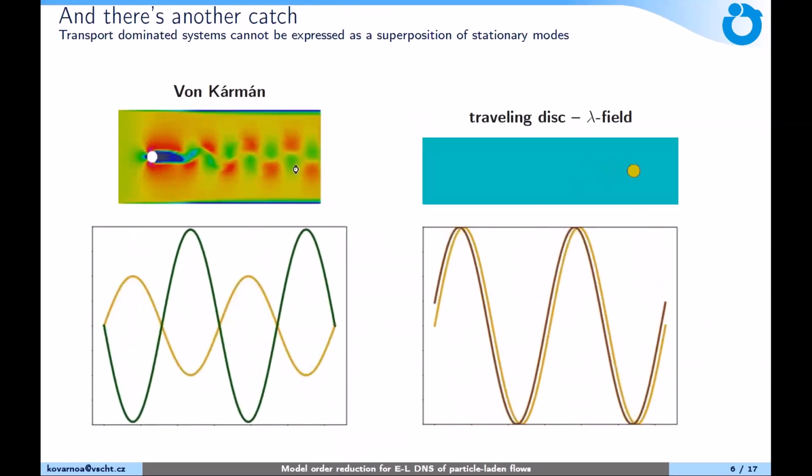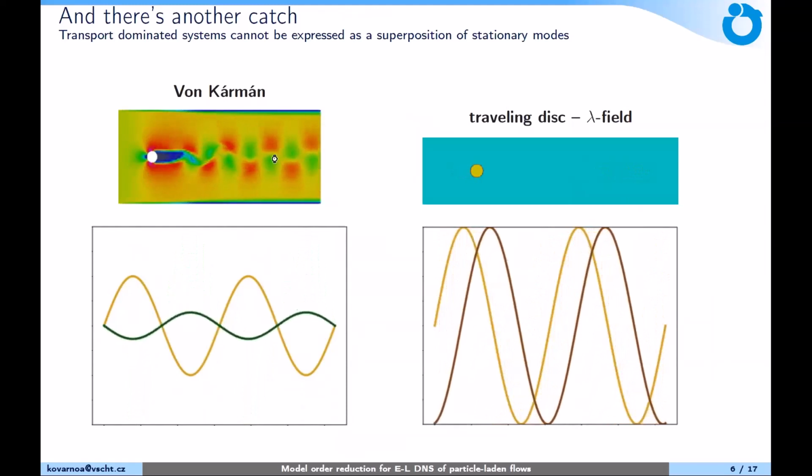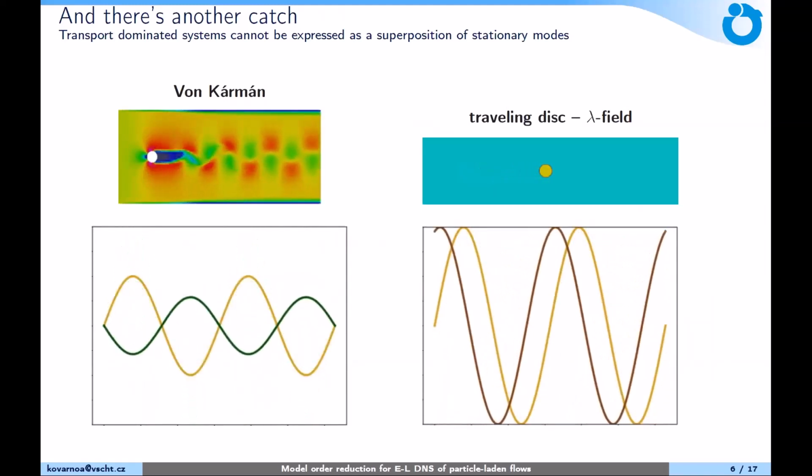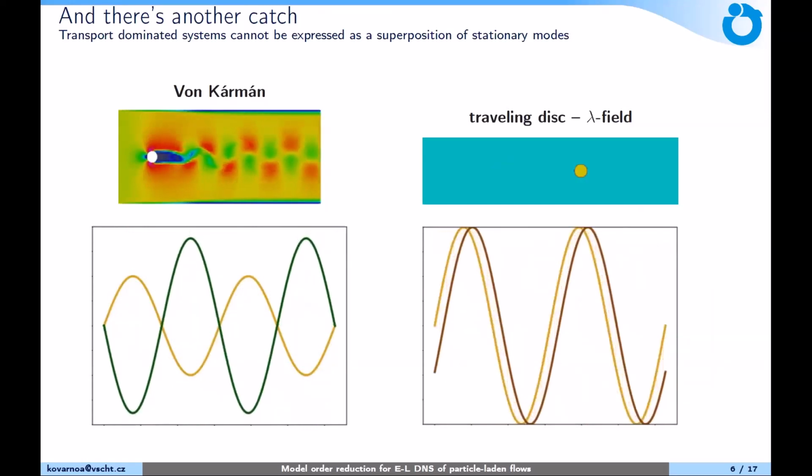The von Karman vortex street that I have shown you before is pretty much ideal for the classic POD Galerkin approach because it's periodic.